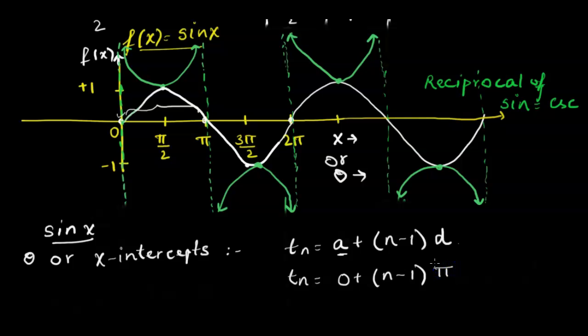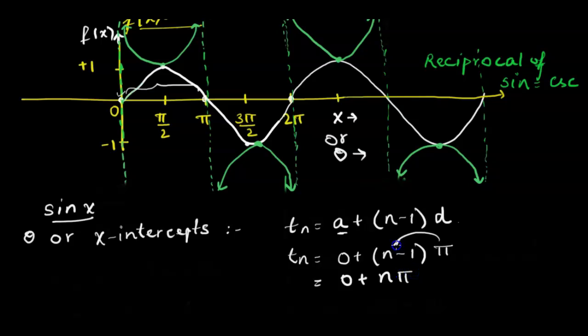So common distances or the common difference is pi. Now we just have to solve this. N times pi is n pi, minus pi, plus 0. So ultimately we are left with n pi minus pi is what represents the equation for theta or x-intercepts.